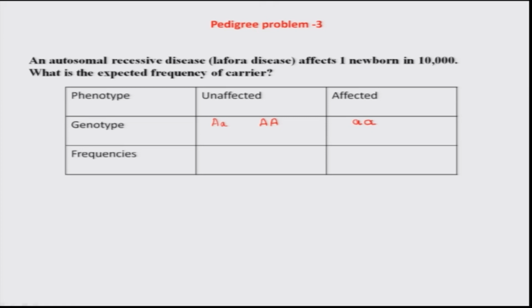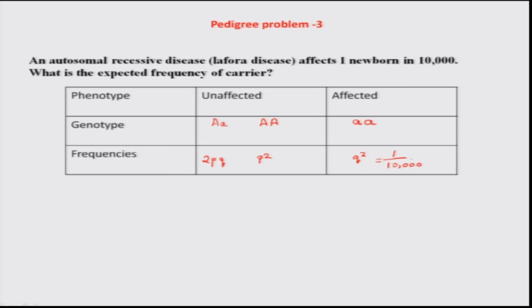And the frequencies, if we write, this would be p square, this would be q square, and this would be 2pq. Now, we know from the problem that for the recessive disease, q square is 1 by 10,000.